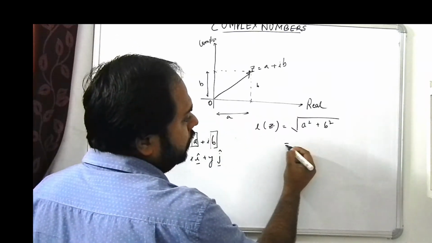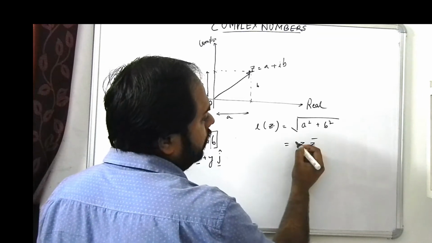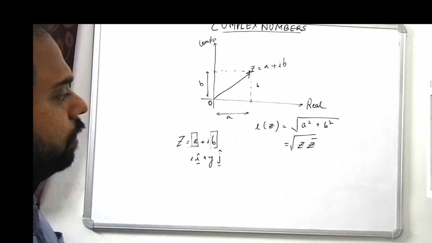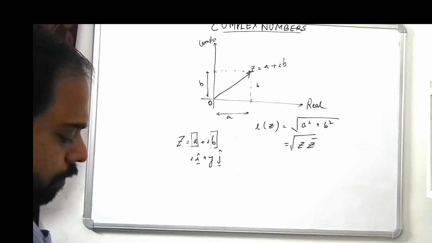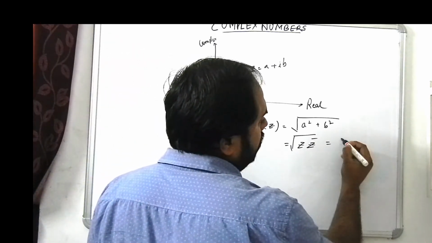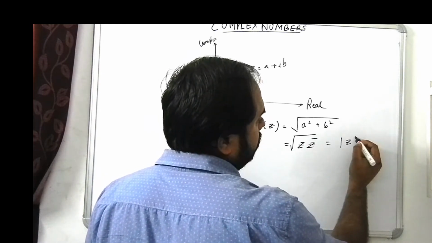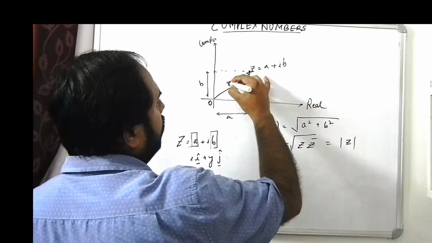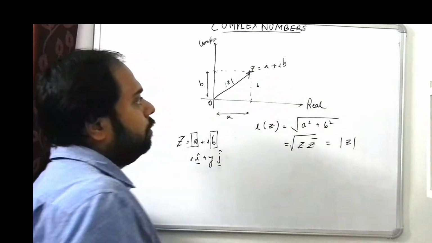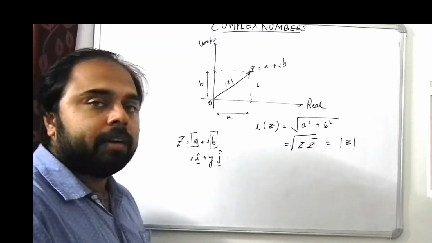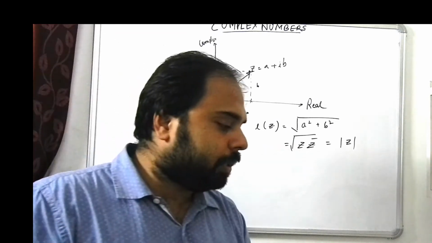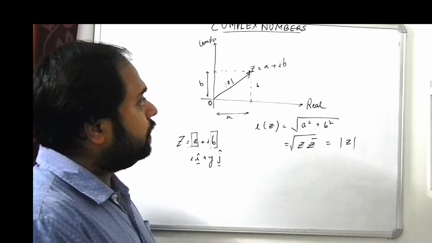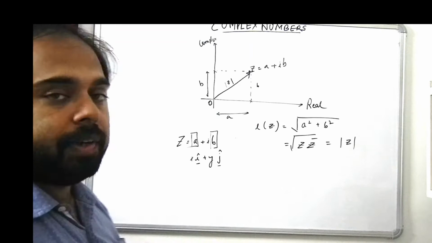This is nothing but z times z bar, and its root is the modulus value of z, the length of z. So when we draw a complex number on an Argand plane, the distance of the point, the complex number, from the origin is the modulus of the complex number. That is one representation that we can definitely use.